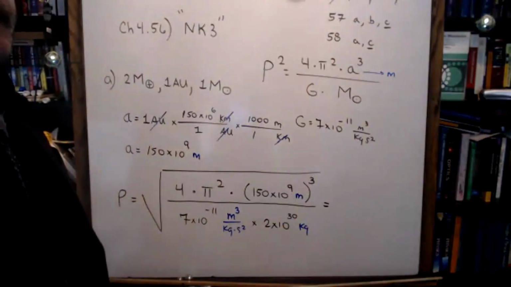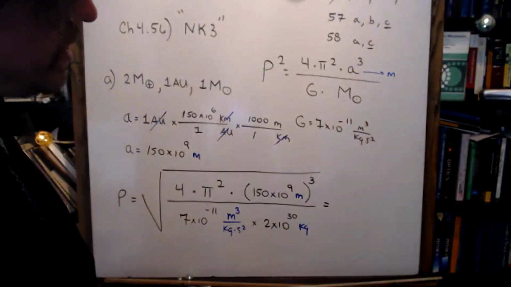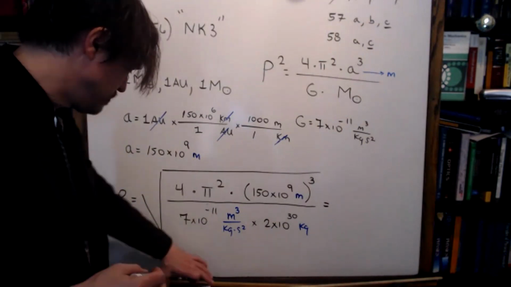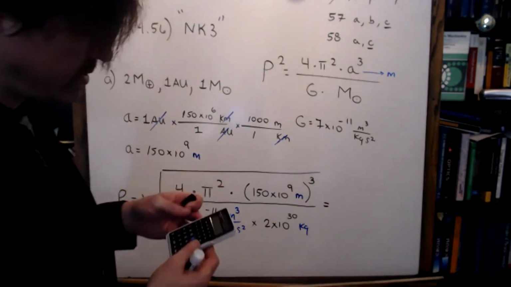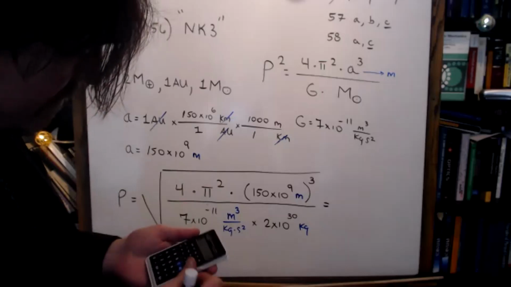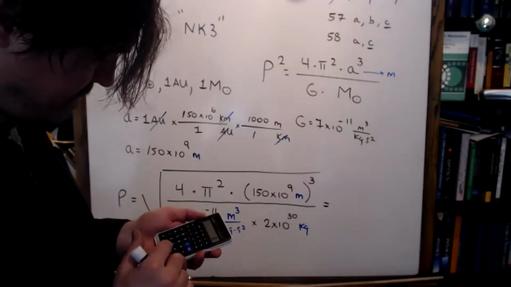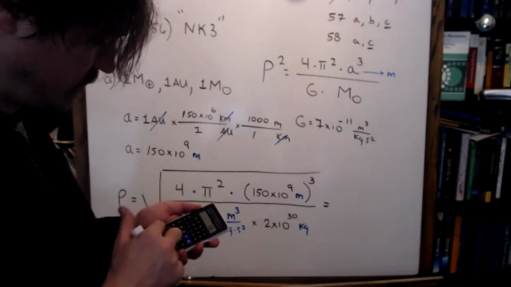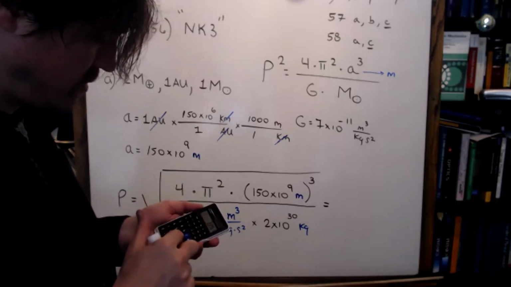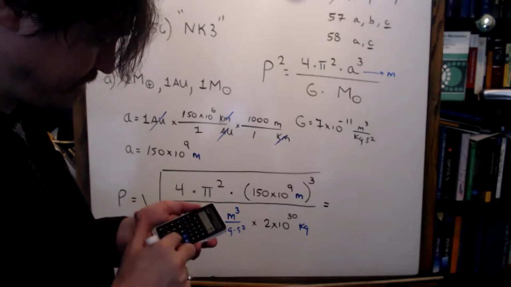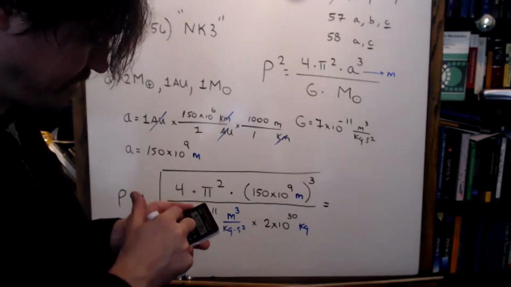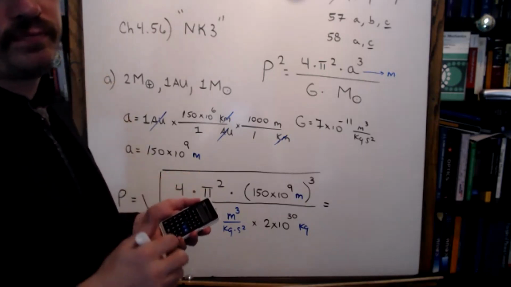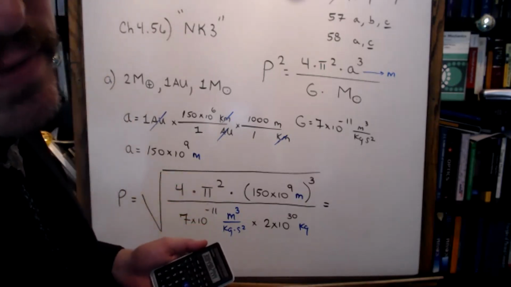Would it be 3.2 times 10 to the 5th? Small. That's wicked wrong. I would do 31 times 10 to the 6th. Yeah, Cam, you got it right.